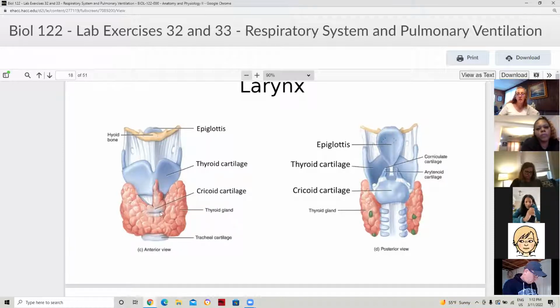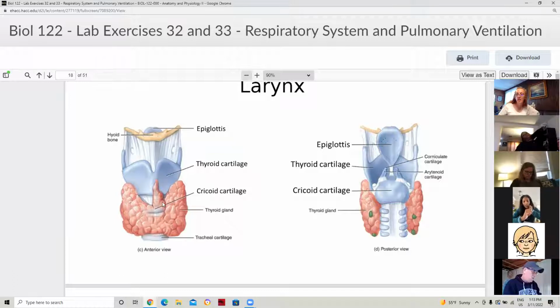The cricoid cartilage right below it. The thyrocricoid ligament is where they do tracheostomies. Right here, that's not labeled. An epiglottis. So looking at the posterior view.